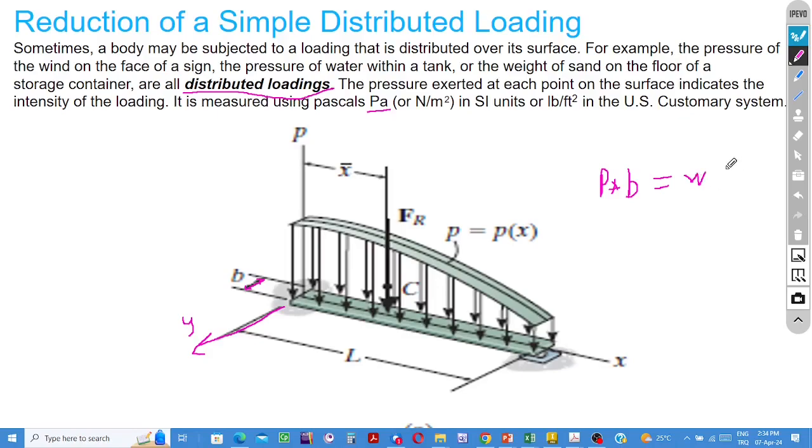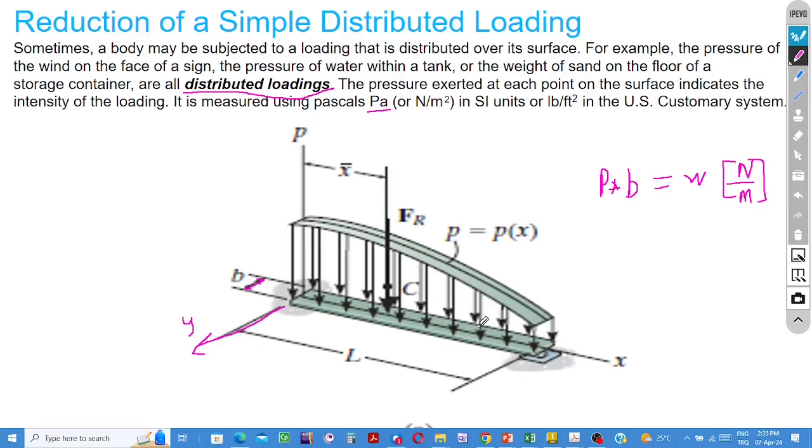Its unit is not newtons per meter squared, but newtons per meter. The load won't be in pressure units, but force per unit of length.